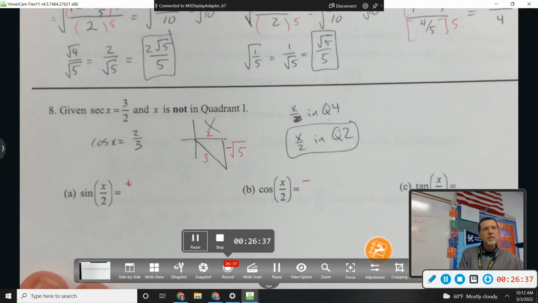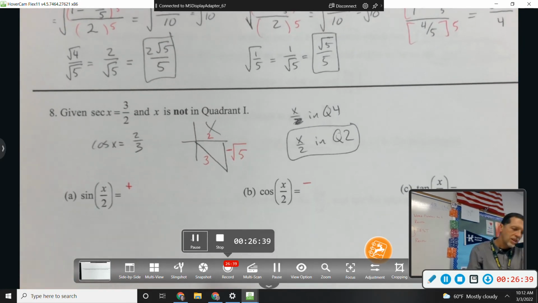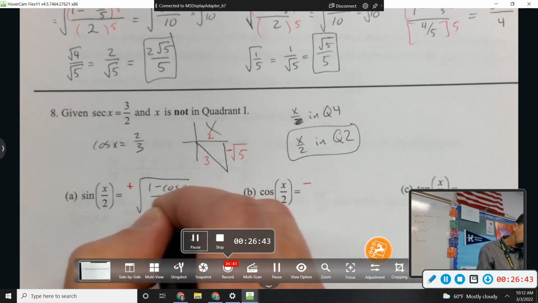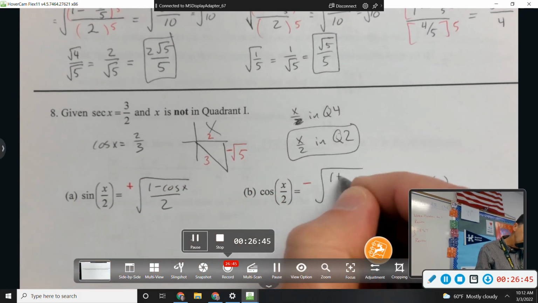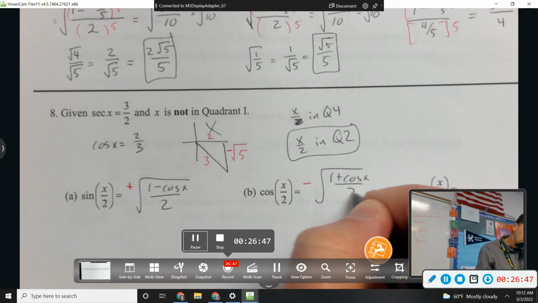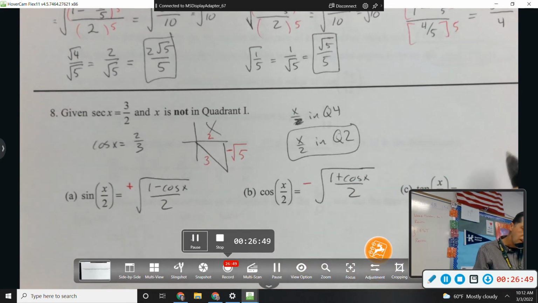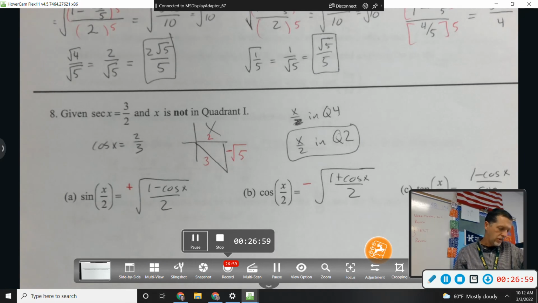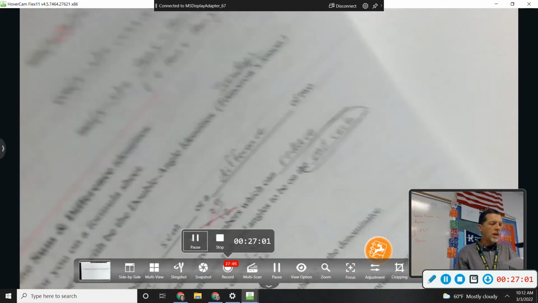Take care of those right away. 1 minus cosine x over 2, 1 plus cosine x over 2, 1 minus cosine over sine. I don't think we need to do those because they work exactly the same way as the other 6 examples that we've done. So your assignment today, we're done with notes, yay.